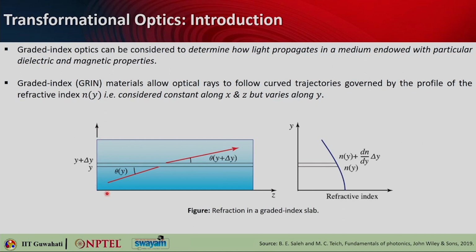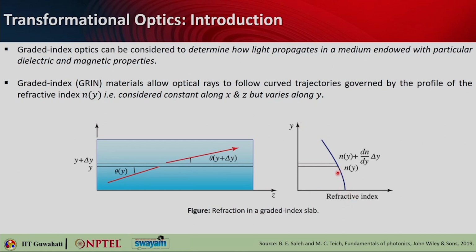In this case there is a gradient along the y direction, and as you can see, a ray gets bent at this interface at a different angle. The incoming angle was theta, which was a function of the position y, but then it changes. This bending happens because the refractive index along y is also changing.